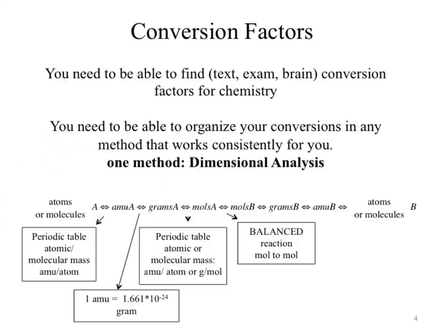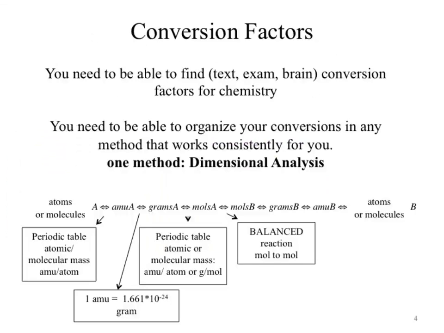What we're doing is converting the unit. We're changing the unit from atoms or molecules into an atomic mass unit. Okay? To go through and do that, we have to have some way to relate those two units. How do we relate those two units? We look at the periodic table, and what does the periodic table give us? It gives us the relationship between our atomic mass and our atoms.